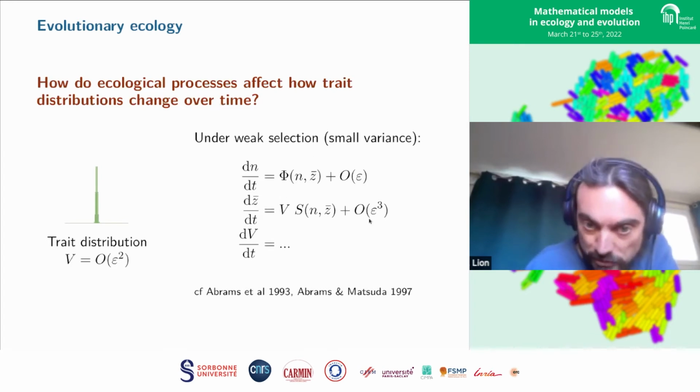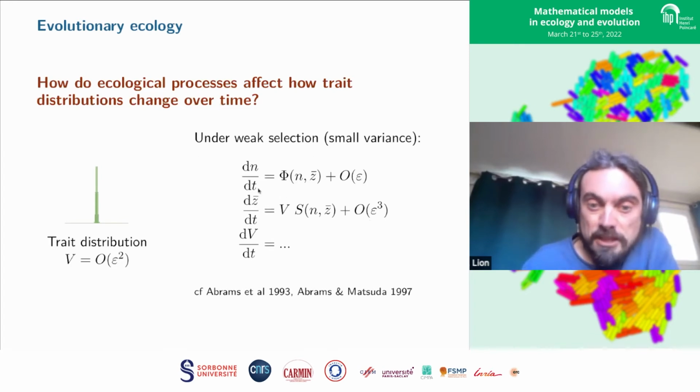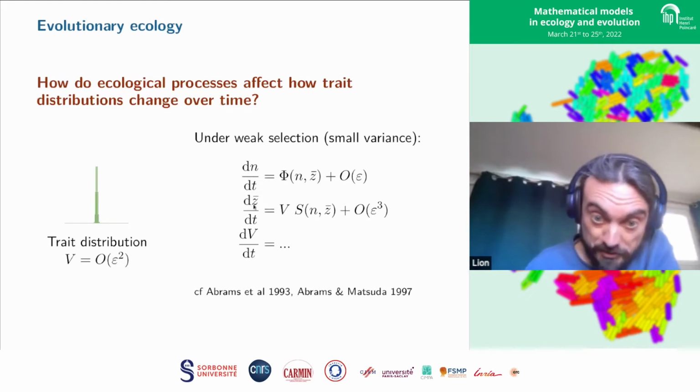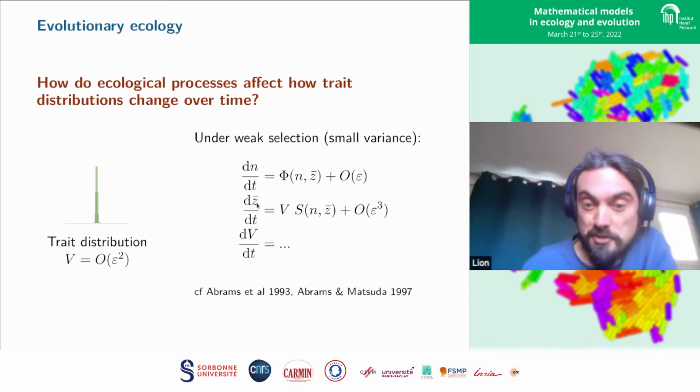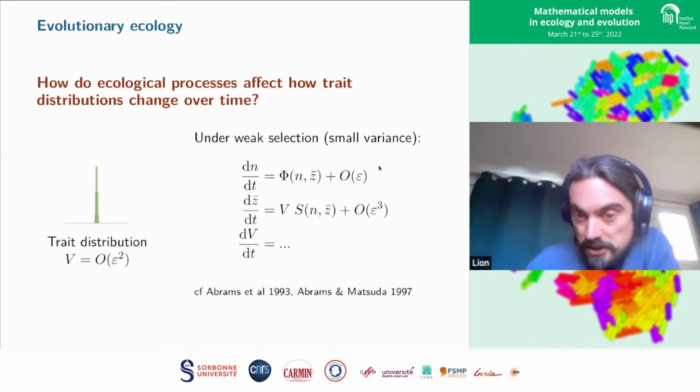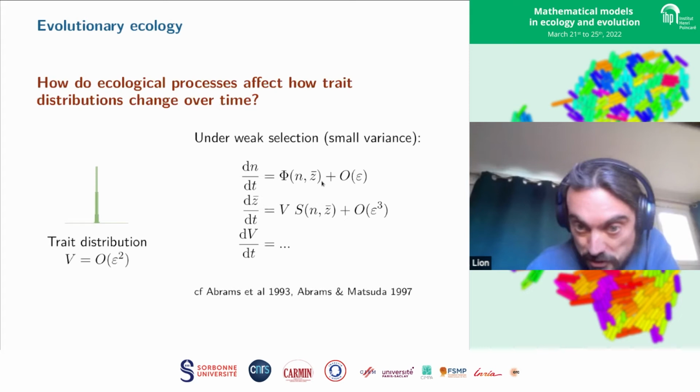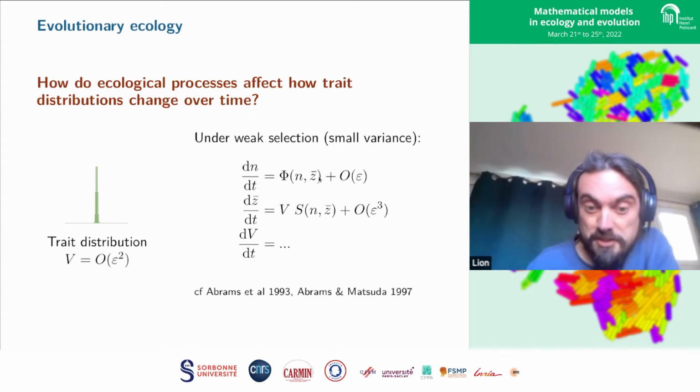But for now, we'll focus on these two. Basically, you have two coupled equations between the ecological variable, which is the density of the population, and the evolutionary variable, which is the mean trait in the population. We can Taylor expand the dynamics to have some first order term here and here.